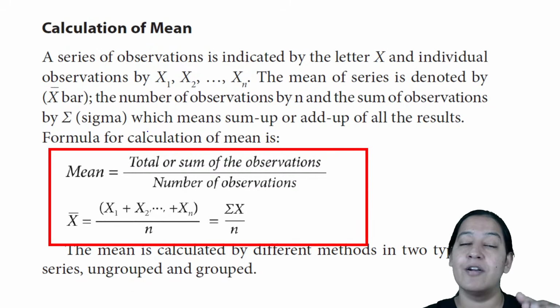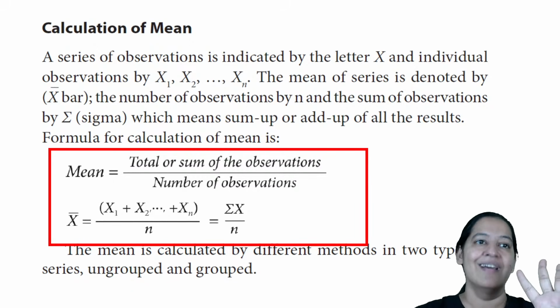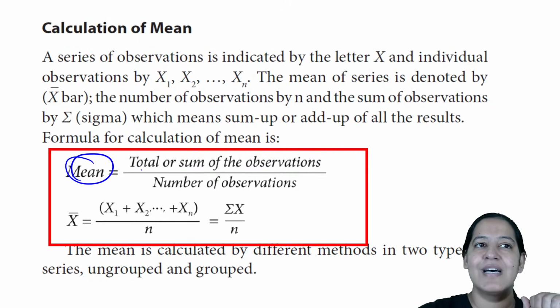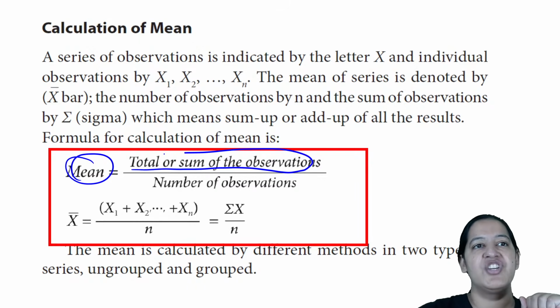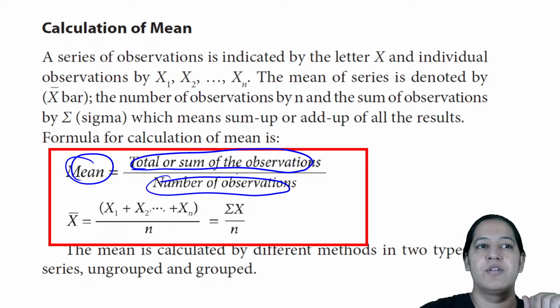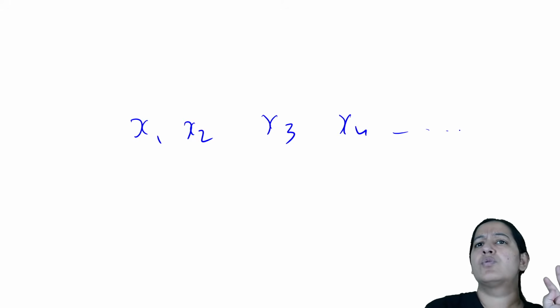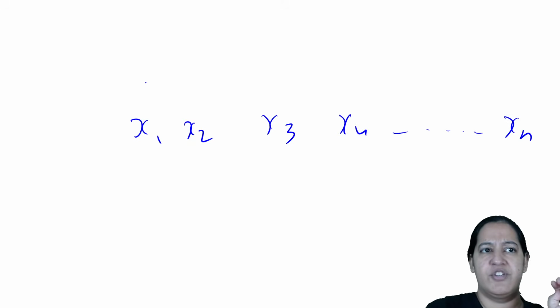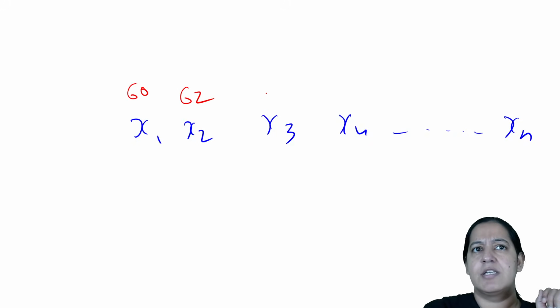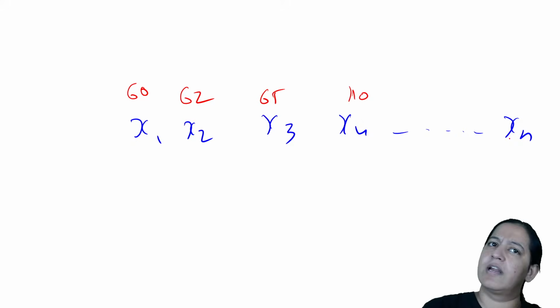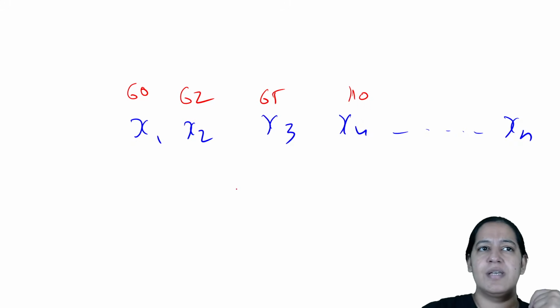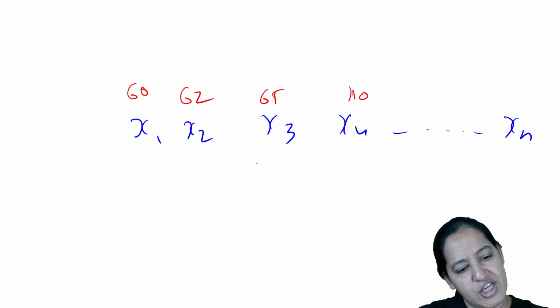I will tell you another method also for complicated numericals. Listen. This is the formula for mean: just sum all the observations and divide by the number of observations. If you have observations x1, x2, x3, x4, and so on till xn, whatever observations you have, add all of them.